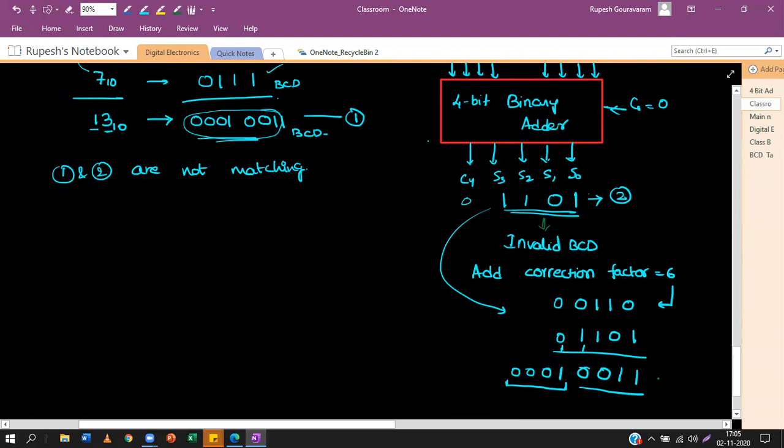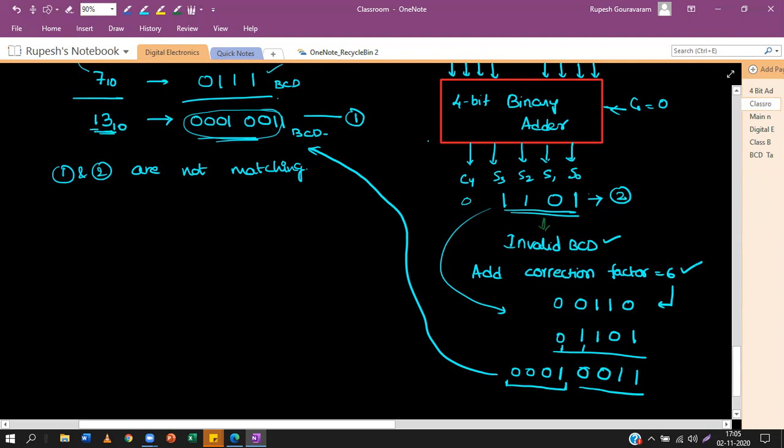Observe, is this same as 1? See here, 00010011. So when we get an invalid BCD, we are adding the correction factor of 6 to get the actual BCD value. Now 00010011 corresponds to 13.